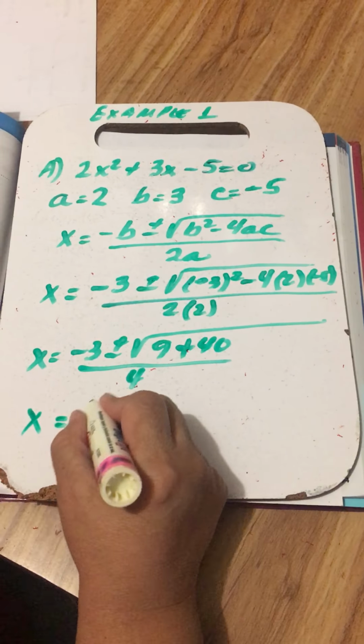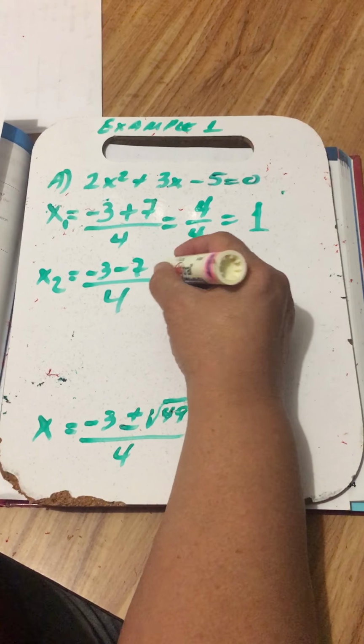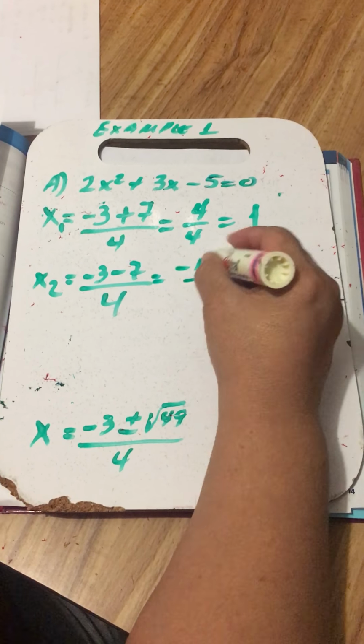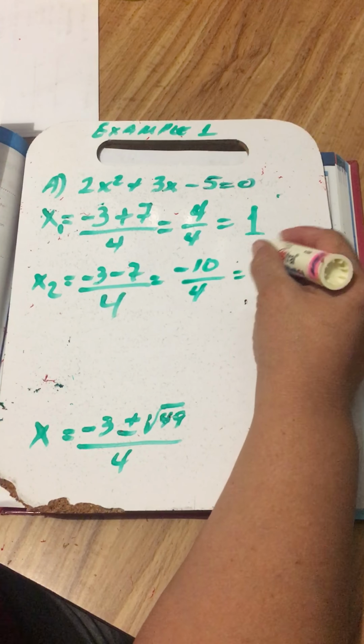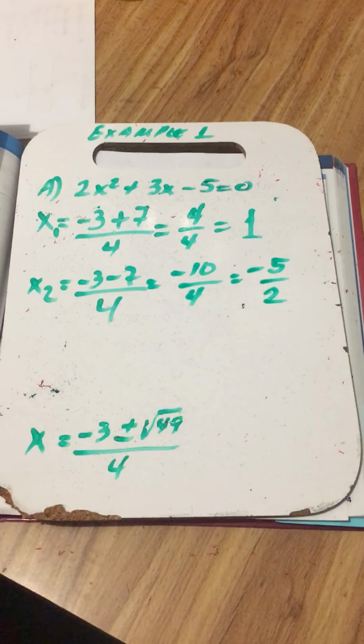Then minus 3 plus 7 is going to be positive 4, divided by 4, I obtain the first value, which is 1. And the next is minus 3 minus 7, which is minus 10, divided by 4. Simplify that, I obtain minus 5 and a half. These are the solutions of the equation.